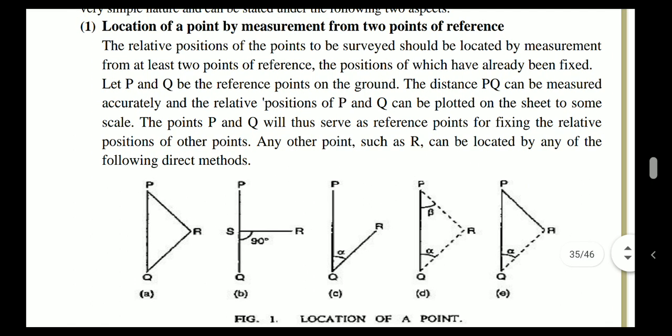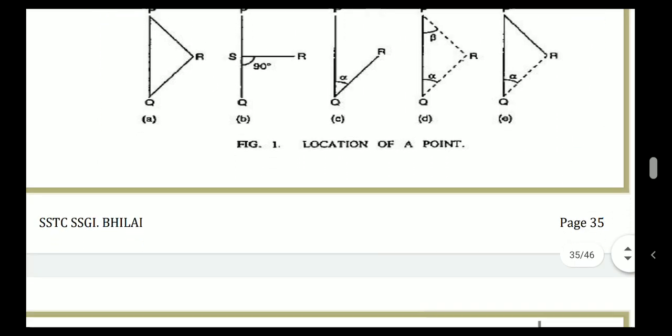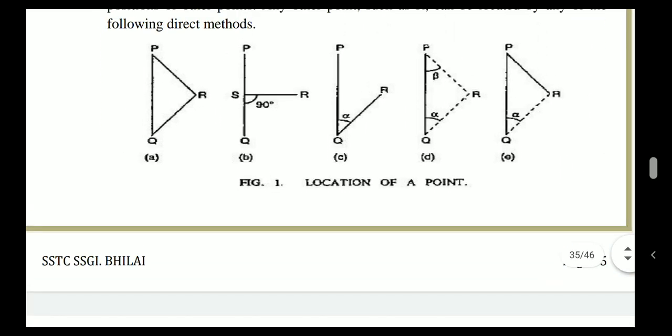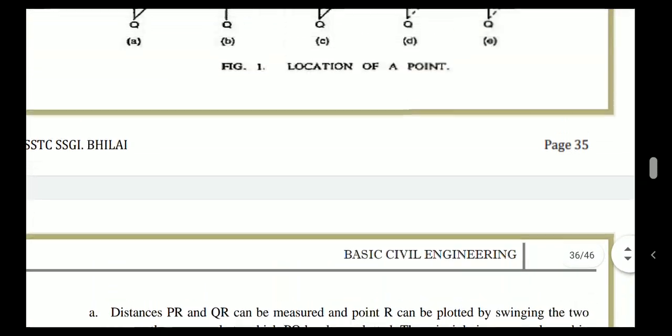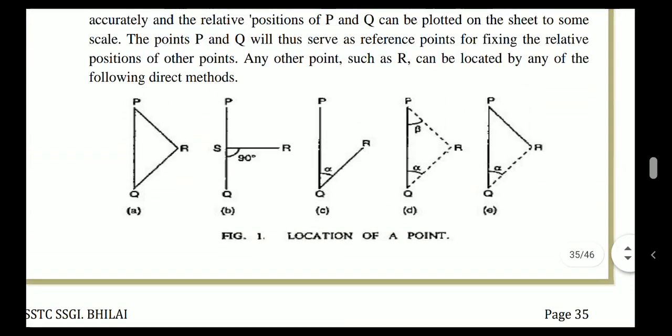So we have five methods to establish the third point R on the field. The first method is when we have distances PR and QR.